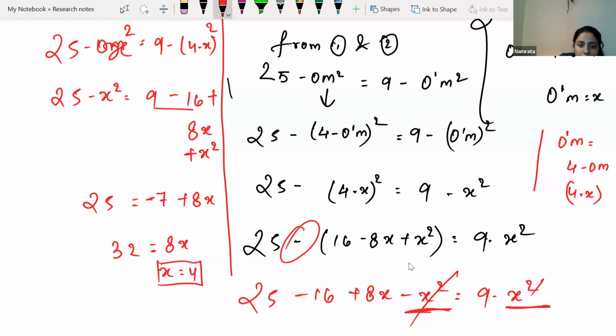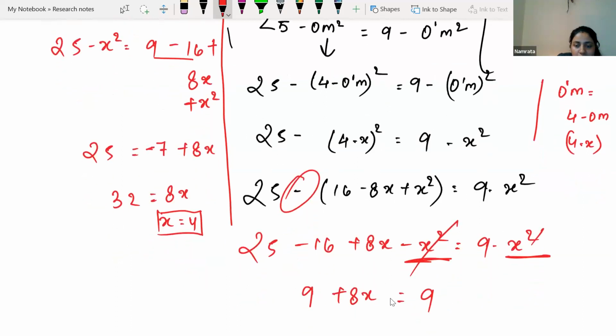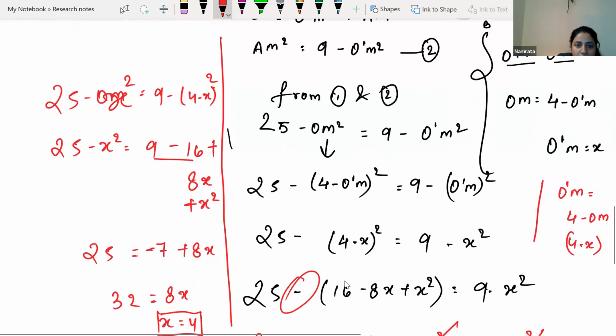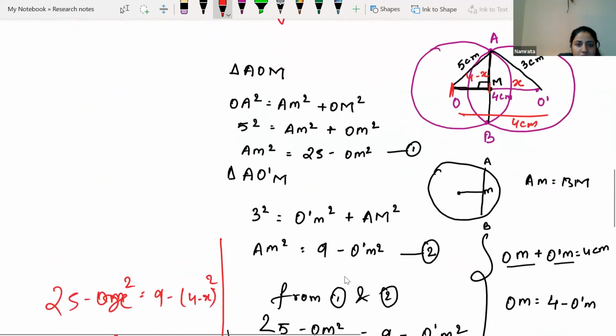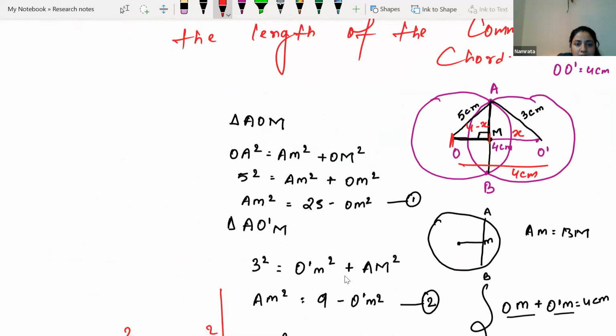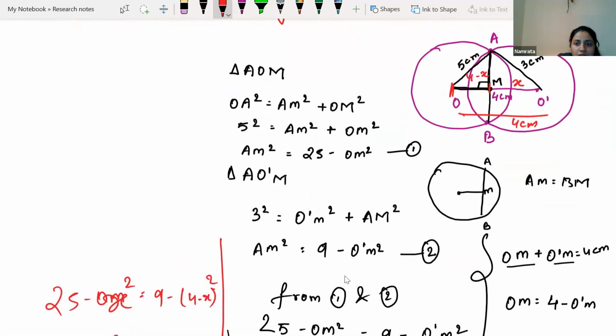Yeah, here we are getting 9 plus 8x, and there also we are having 9. Are we making any sign mistake? Anyone? Are we making any sign error?